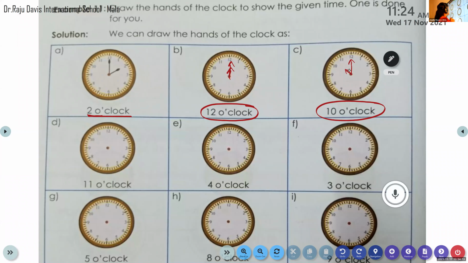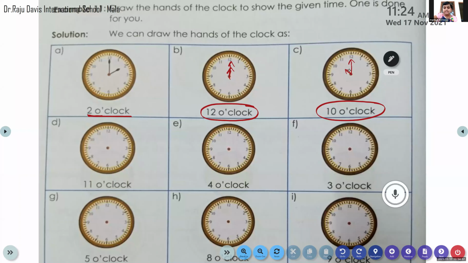And down below you can also see some more questions. So you have to do them after this class. Try to draw the hands of the clock after this class. No need to do it now. Now we are going to study how to draw the clock. So these two questions, I think you all understood how to draw the hands of the clock, right?